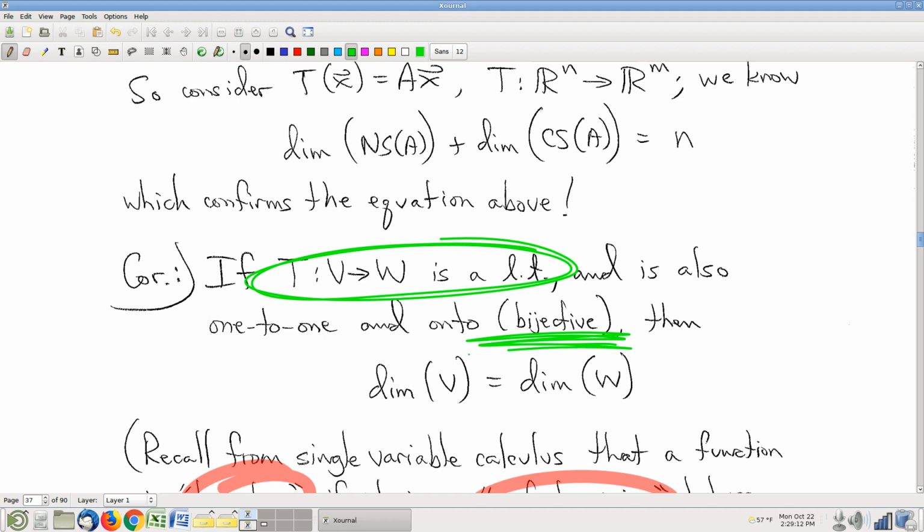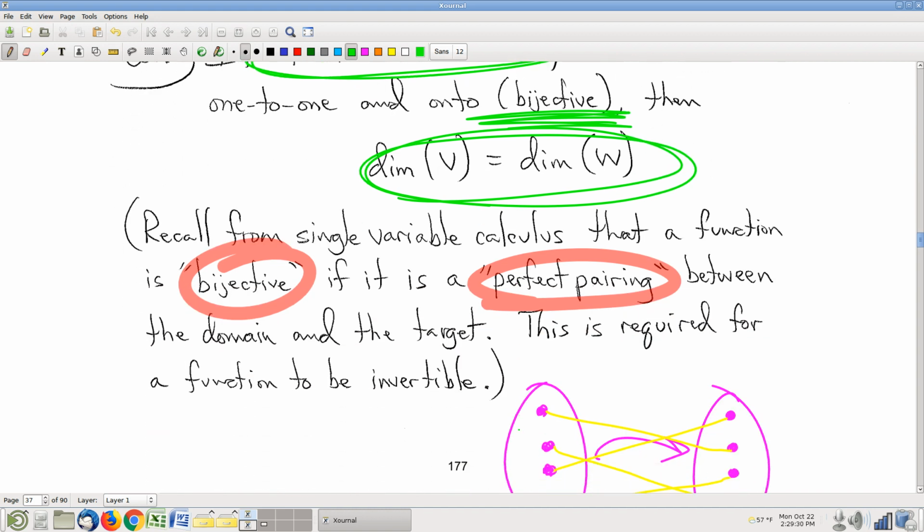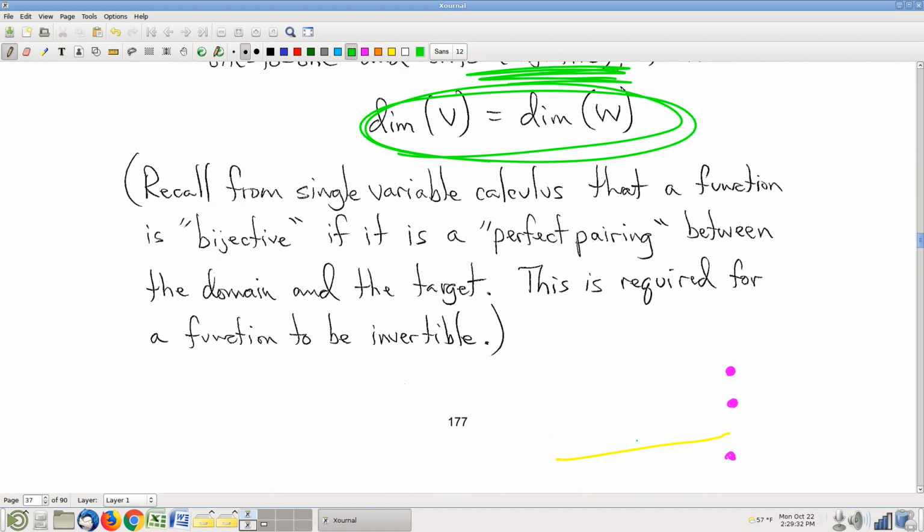For every output in W, there is an input in V that corresponds to it, just like this. If that happens, then V and W have to have the same dimension. And it turns out this is a really straightforward proof. I think we should be able to get this done appropriately. Let me just do this real quick.